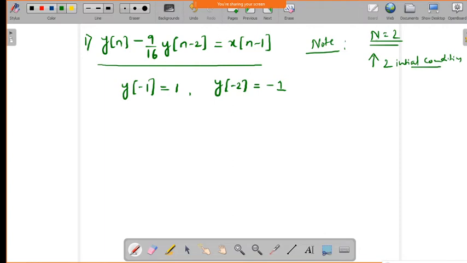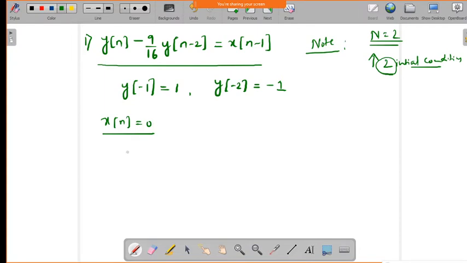Whatever the order of the difference equation is, that many initial conditions are needed to solve this equation. Now, if you want to find the natural response, put the input x of n equal to 0. Then the right side of this equation becomes 0.